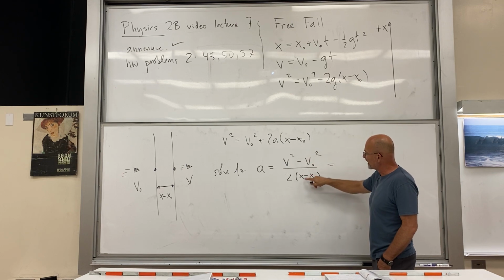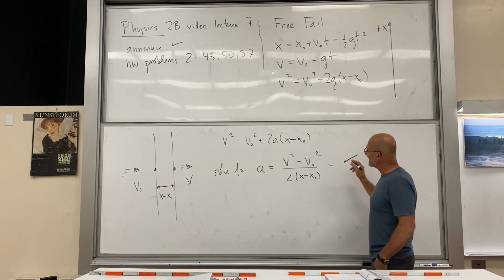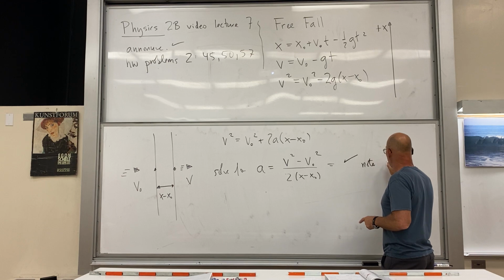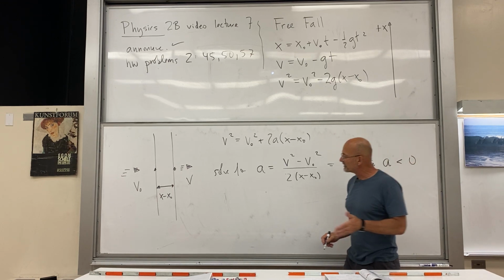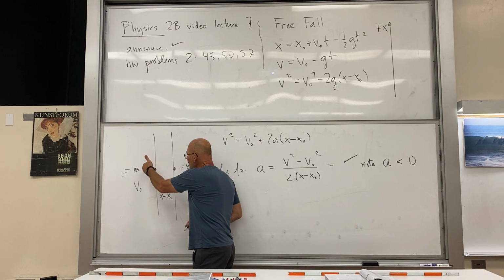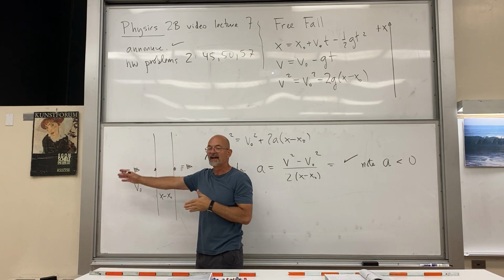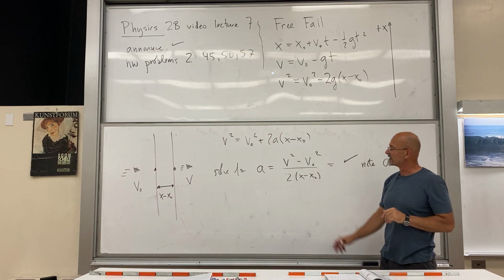Square them first, then subtract, and 2 times the thickness of the board. Okay, so you get that, and what you'll notice is acceleration is negative because it slowed down. It was going faster here and slower here, therefore the acceleration was actually negative in the other direction. When we talk about forces, we're going to run into this again.